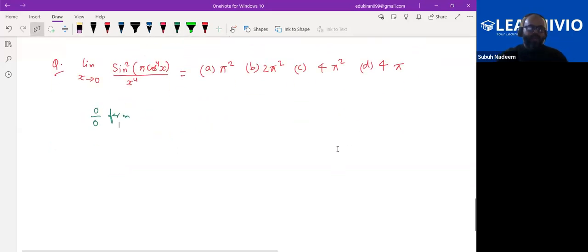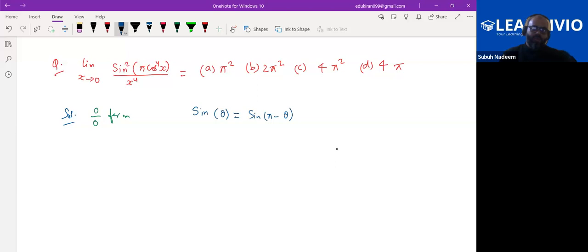Let me give you a hint that you can use this expression: sine theta is equal to sine (pi minus theta). So if you use this one and do some manipulation, you can proceed.